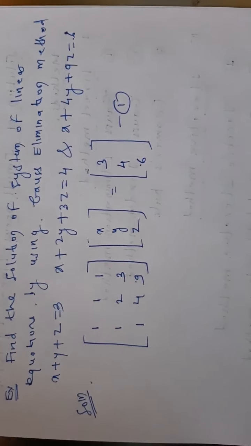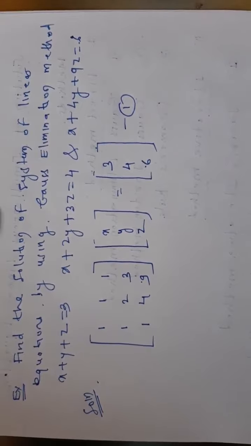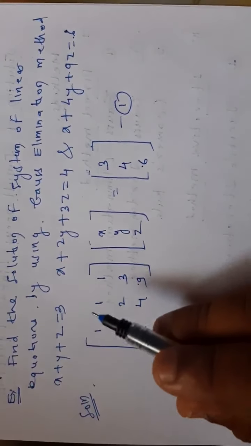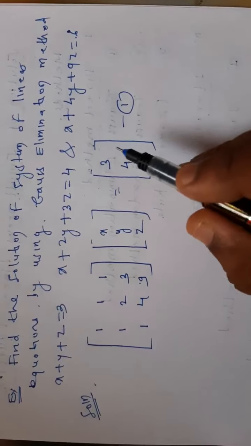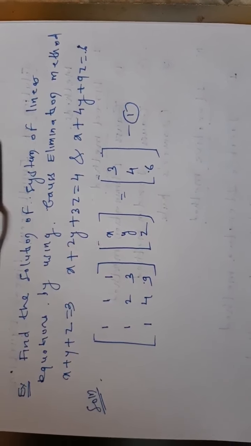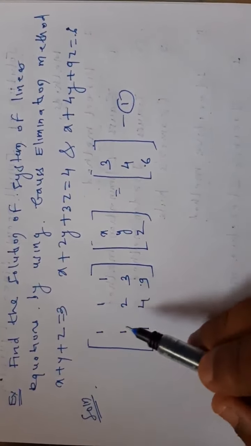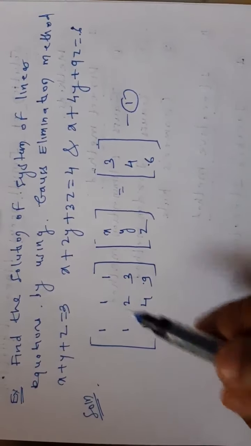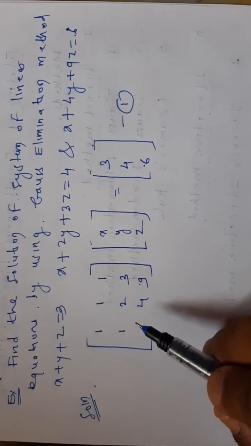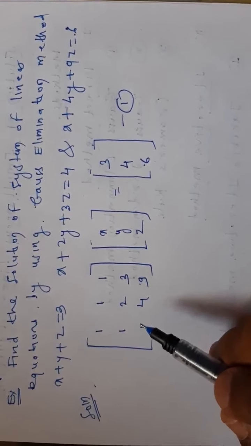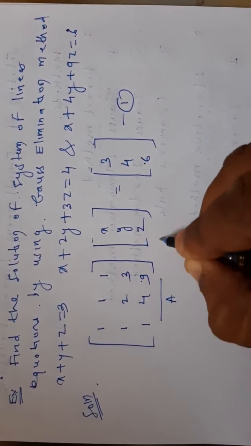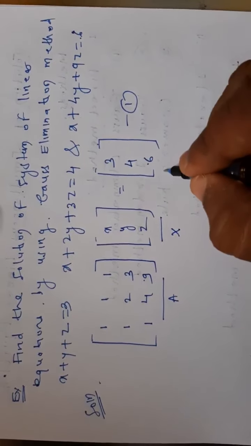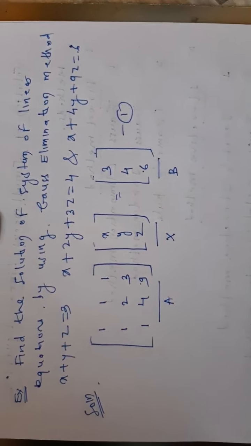Now we will apply row operations on the coefficient matrix A, and the same operations on matrix B also, and convert matrix A to either an upper triangular or lower triangular matrix.